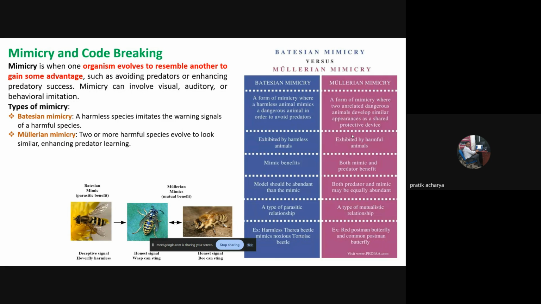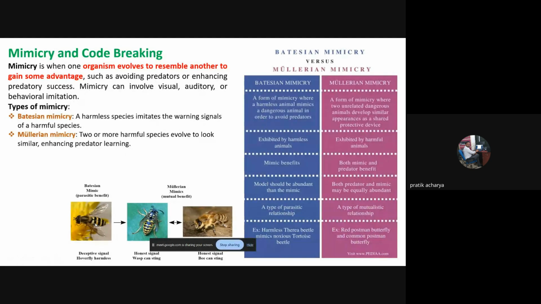When we talk about Batesian mimicry, a harmless species imitates warning signals. Here is the pictorial presentation for Batesian mimicry. It is for benefit that the hoverfly does mimicry.